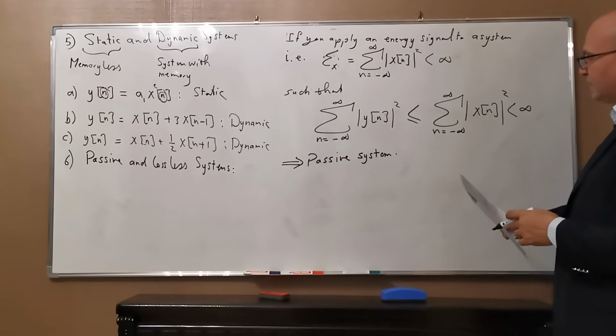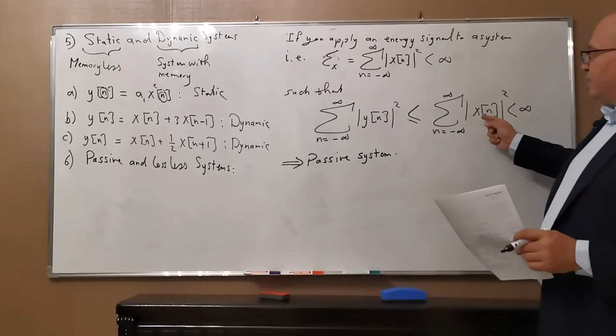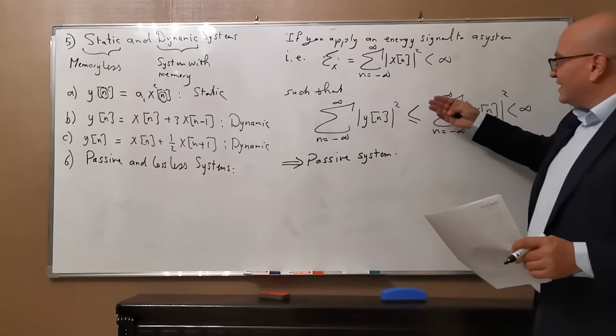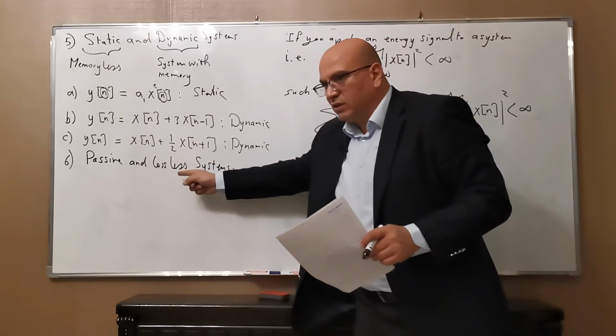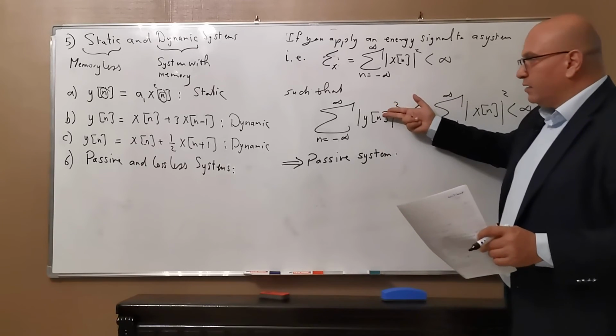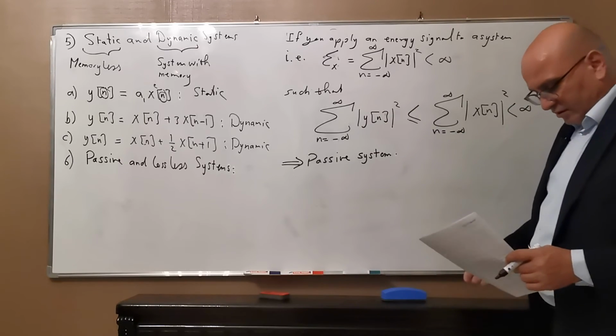So the system is passive, which means that your output will never exceed the amount of energy of the input. If it is exactly the same, we call it lossless. If it is less, then it's a passive system. If y is greater than this, then we call it an active system.